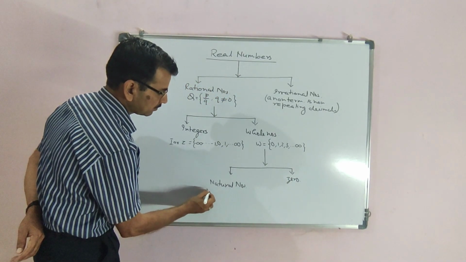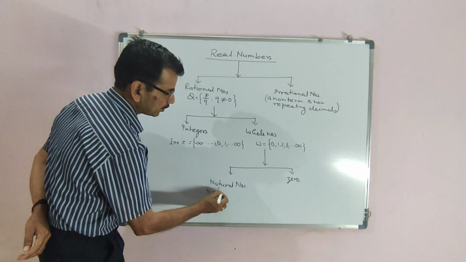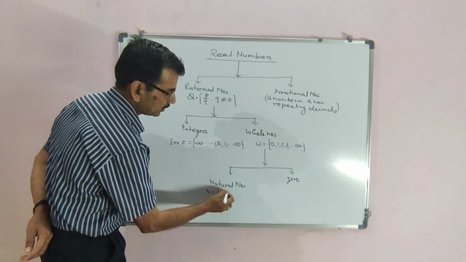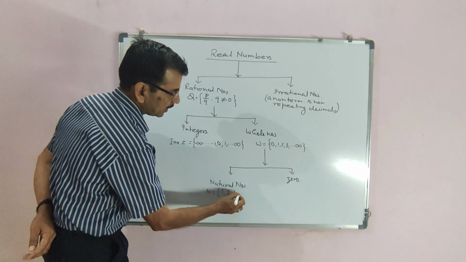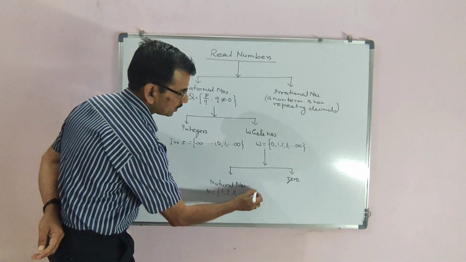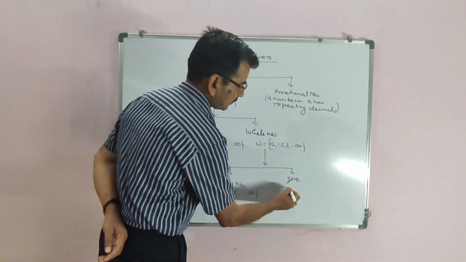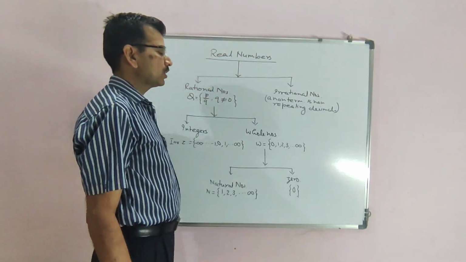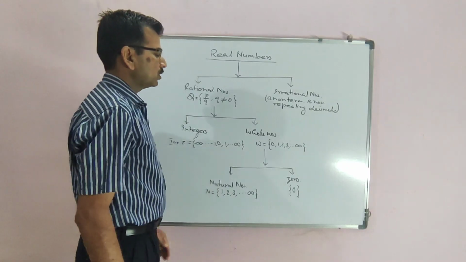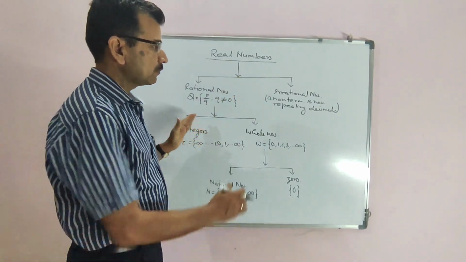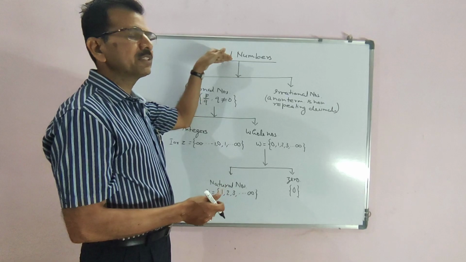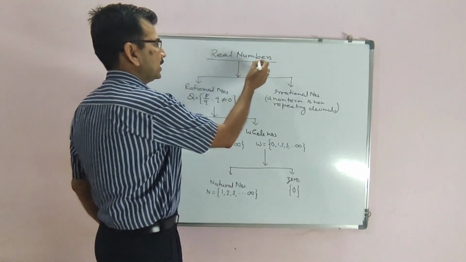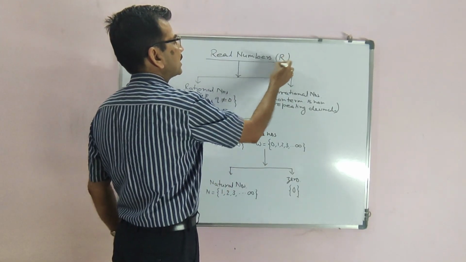Natural numbers we denote by N, and we know they start from 1, 2, 3 and so on up to infinity. And zero is a well-known number. If you combine all this, it becomes the set of real numbers, denoted by capital R.